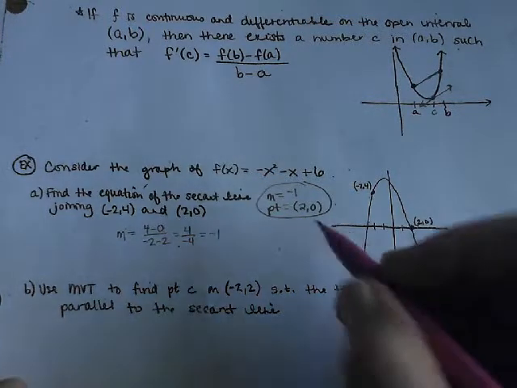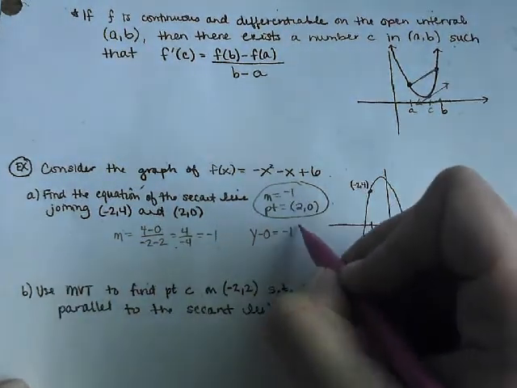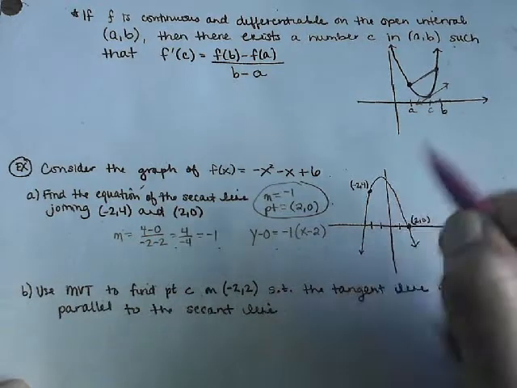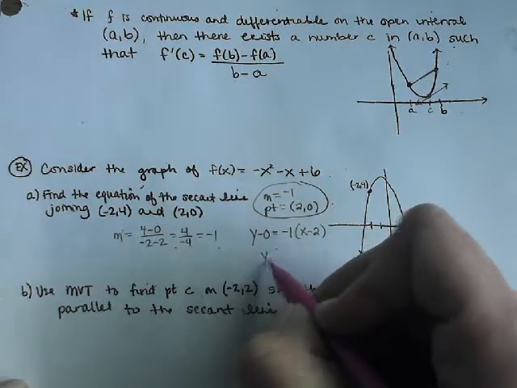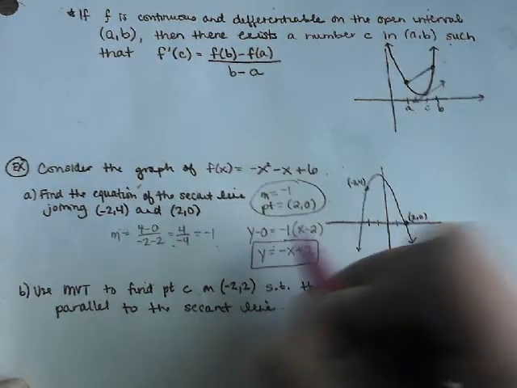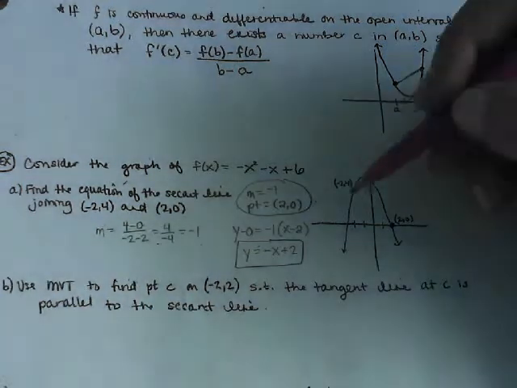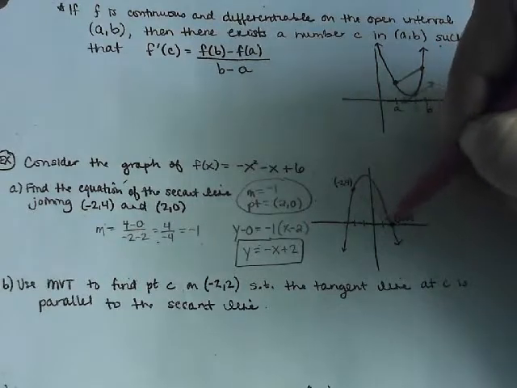So y minus the y coordinate of 0 equals negative 1, x minus the x coordinate of 2. And if you want to distribute and go to y equals mx plus b, there it is. By telling us those 2 points, they're giving us really the endpoints of our interval. So we just wrote the equation of that line.